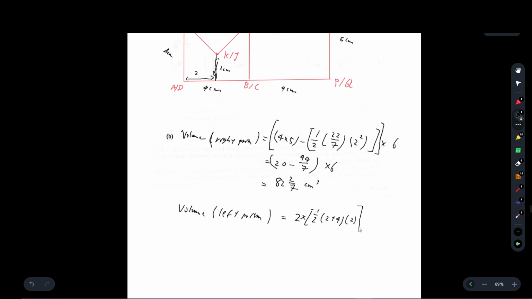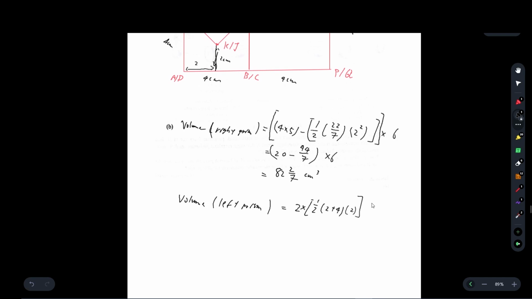And then times 6. So 1/2 times 2 is 1. 1 times (2 plus 4) is 6. So we will have 2 times 6 times 6, which gives us 72.